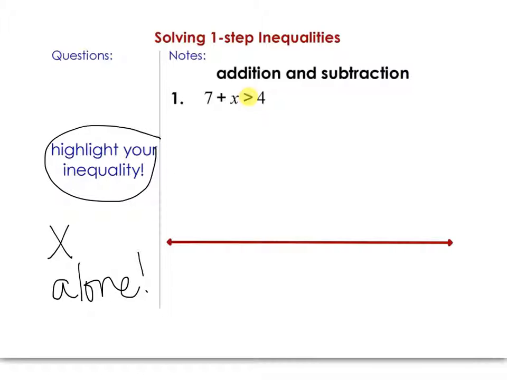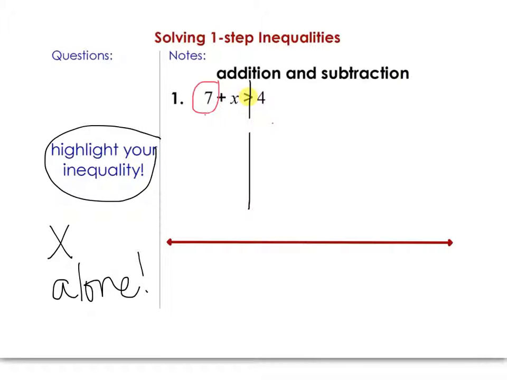So if x needs to be alone on the left side of my inequality, what can I move over? I have this positive 7 over here. How can I move a positive 7 to the other side of my inequality?